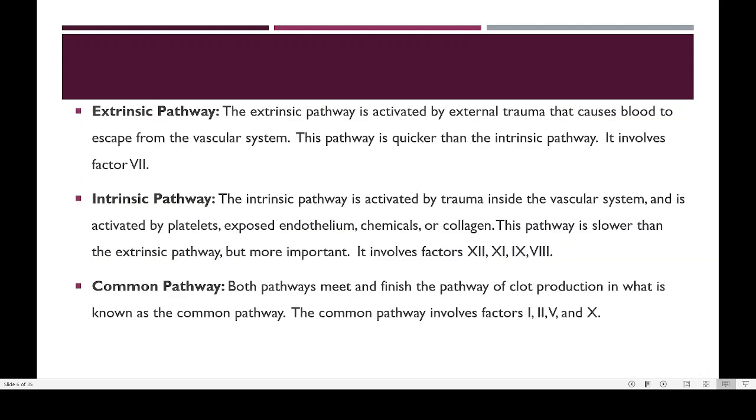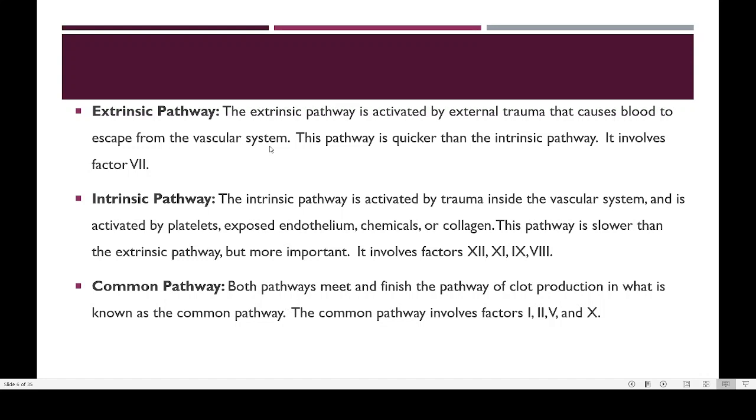Here you can see that there are two basic mechanisms, the extrinsic pathway and the intrinsic pathway, and finally there is a common pathway. The extrinsic pathway is normally triggered or activated by external trauma. Trauma means injury, any kind of external injury that causes blood to escape.